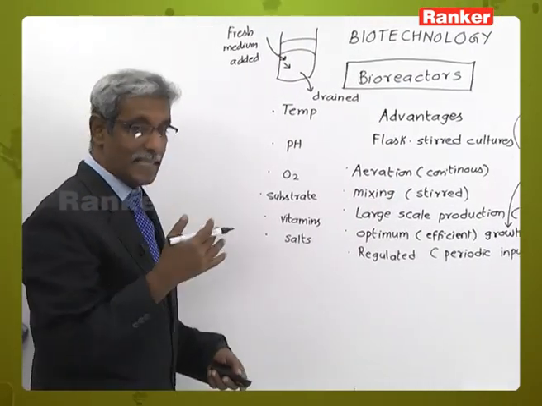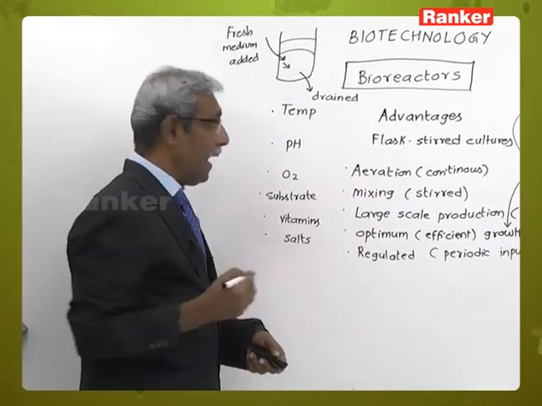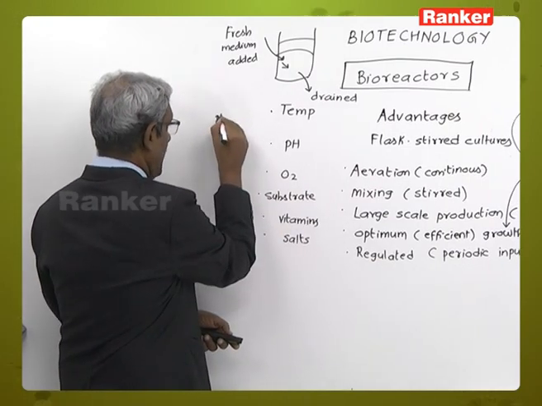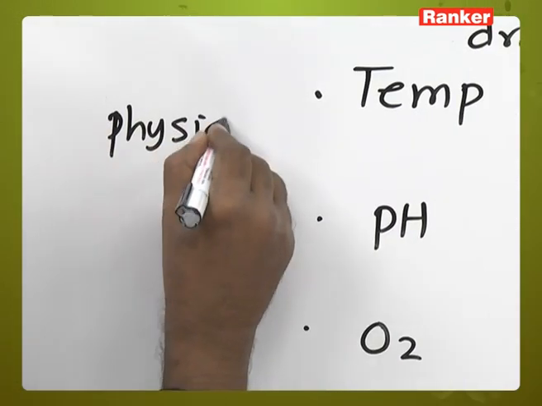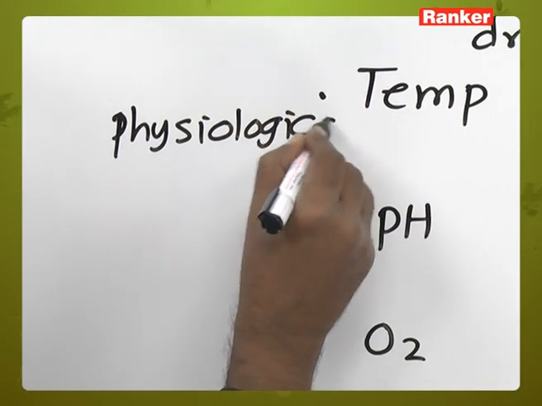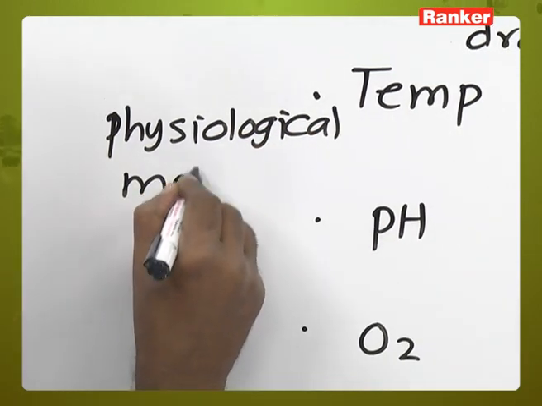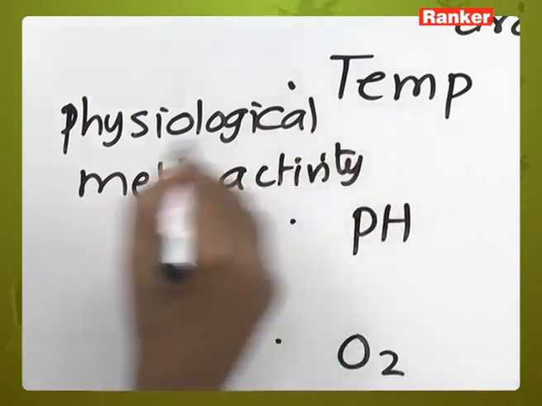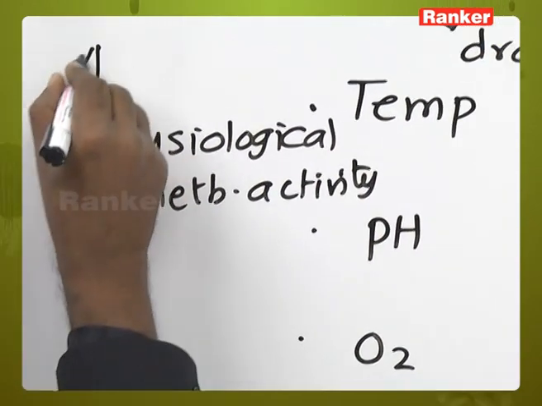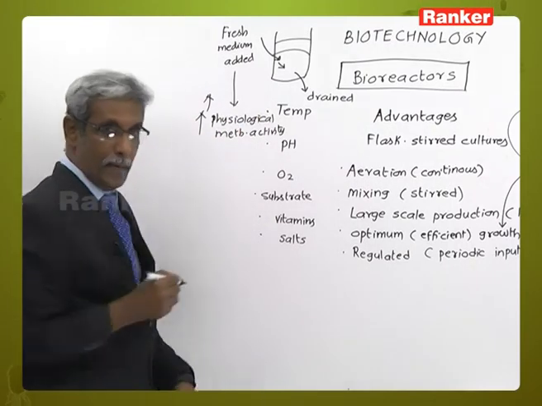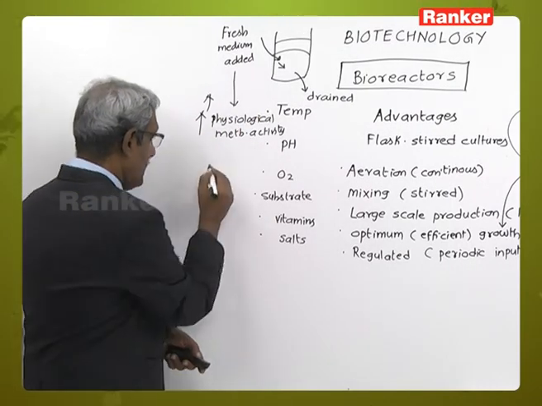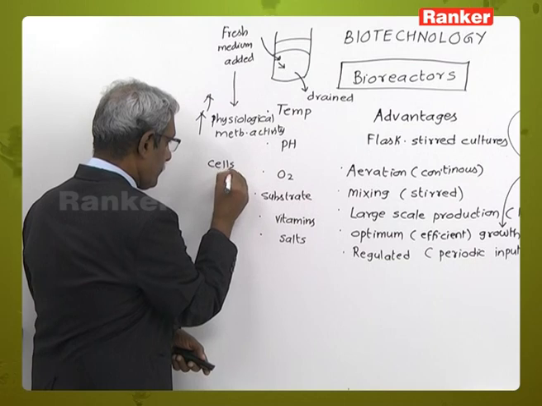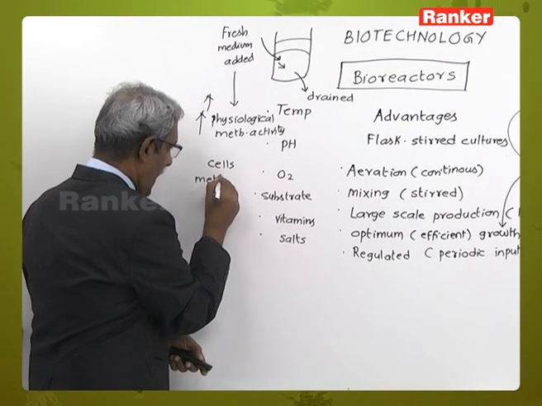Thereby the cells can take in the medium and show high physiological activity, or they can show high metabolic activity. When fresh medium is added, thereby the cells are metabolically active.